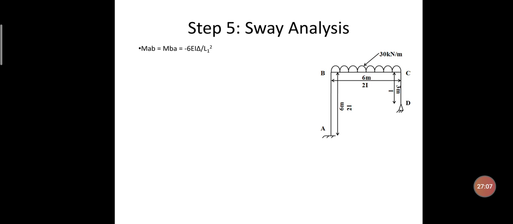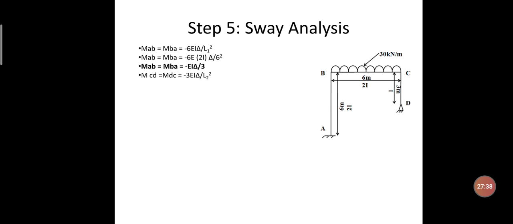In my previous lecture series I have discussed why it is minus 6 EI delta divided by L square. So this is the sway moment. Here 6E into 2I delta divided by 6 square, since L is 6. So MAB is equal to MBA, that is equal to minus EI delta divided by 3.